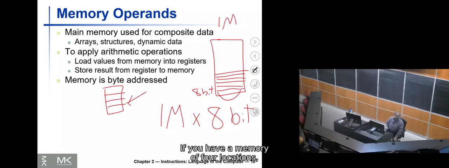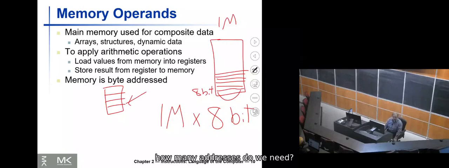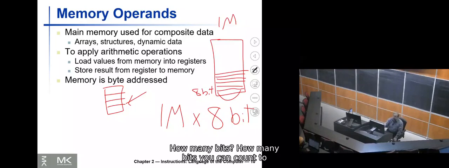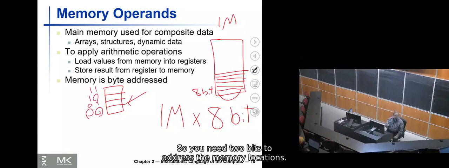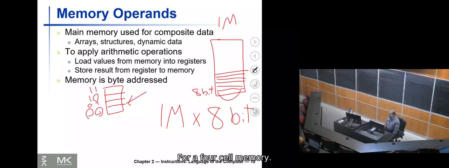If we have a memory of 4 locations, how many addresses do we need? 4, if you say 4, then how many address bits am I saying? With how many bits you can count to 4? 2. With 2 bits you count 0, 1, 2, 3.